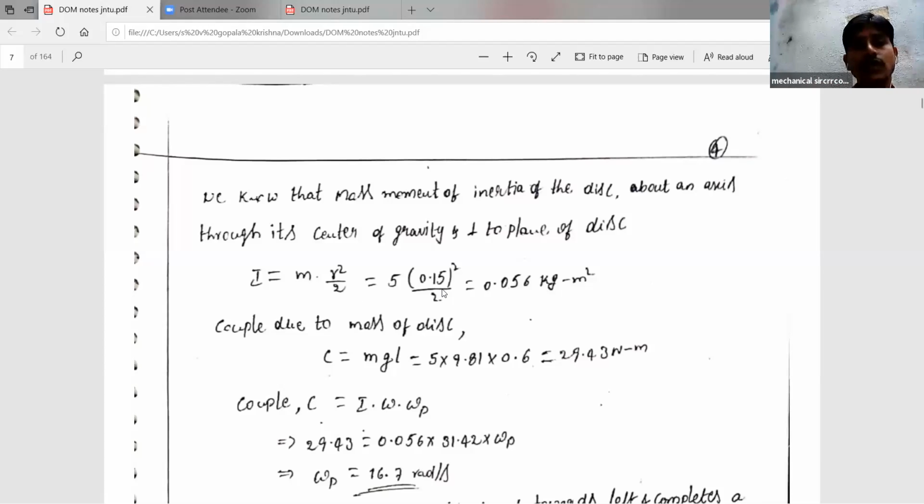Now we are going to find out omega p, which is unknown here, and the couple is also not given. So how do we calculate the couple?